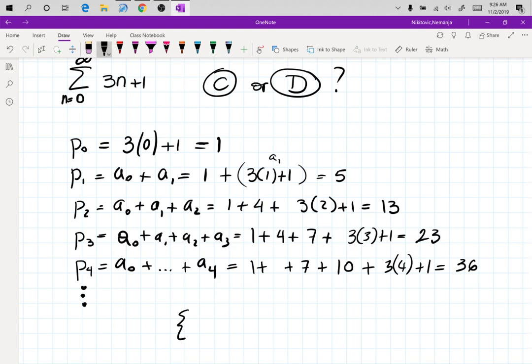And then this one, and then the 7, and then 10.